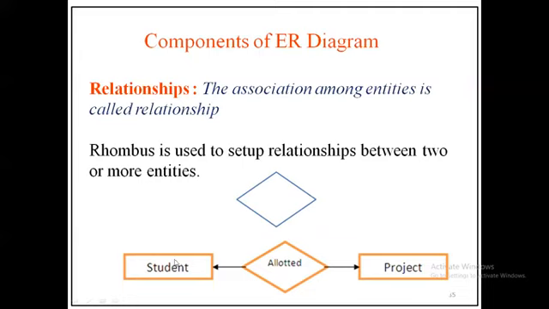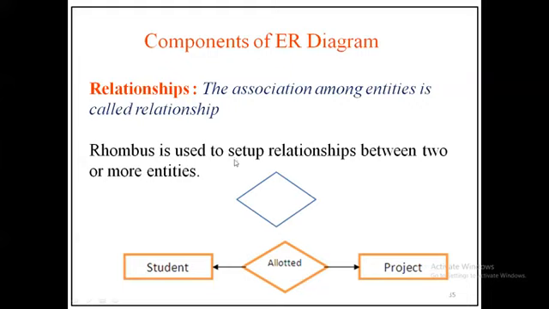Suppose another example, student and faculty. What is the relationship between these entities? Knowledge sharing, teaching is the relationship. That is another example of a relationship. That's the reason the association among entities is called a relationship.